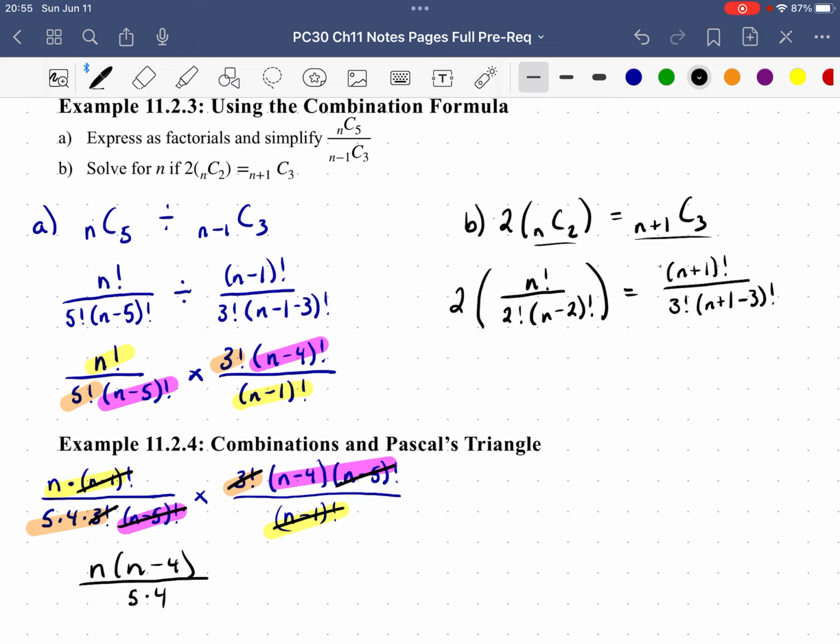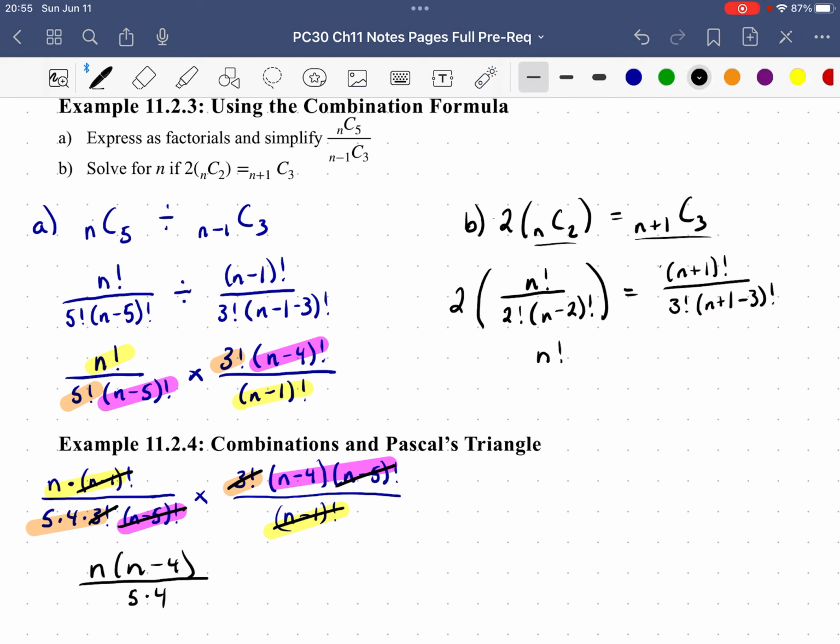Okay. Now, let's simplify a couple of easy things first. This 2 and this 2. 2 factorial is just 2 times 1, it's just 2. So this guy's going to cancel out that guy. That's easy. This guy's going to simplify, right? It's going to become (n minus 2) factorial. All right, so let's start with that.